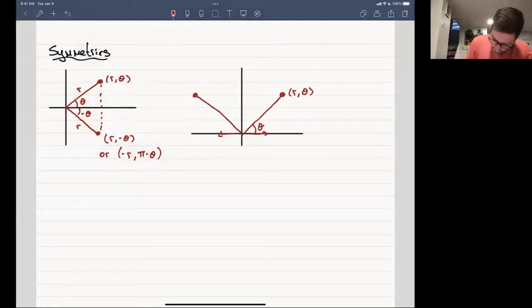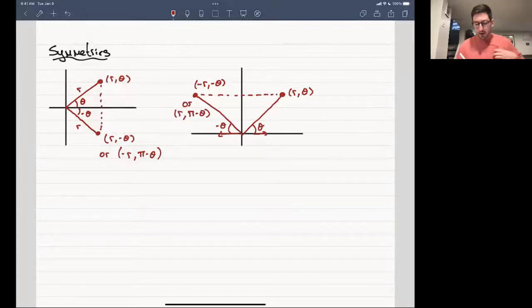So this would be minus r, minus theta. So this is symmetry over the y-axis now. The reason is exactly this, that angle down there is minus theta. Now, there's another way you could write this. You can say that this is r and pi minus theta. I'm going to leave that for you to think about on your own. What really matters is the minuses here.